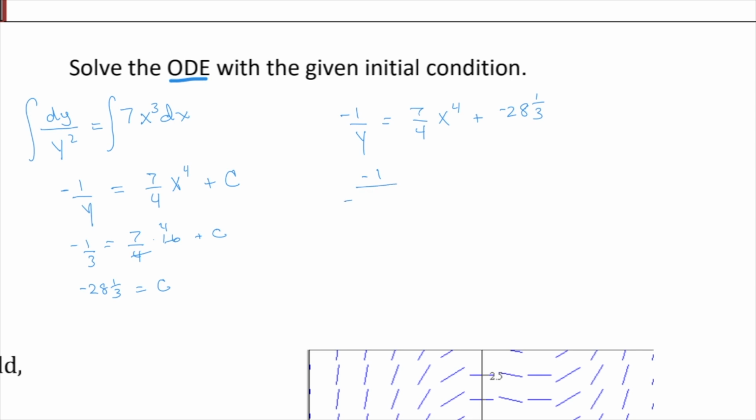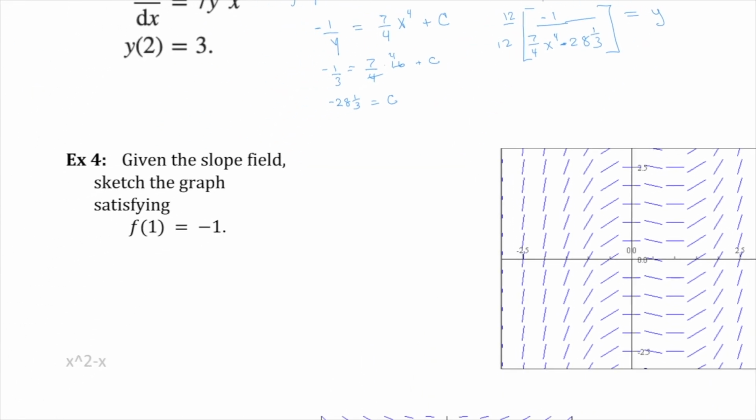Negative 1 over your 7/4 x to the 4th minus 28 and 1/3 is going to be equal to our y value. All right, and of course you could simplify by multiplying by 12 over 12 so that you have a little bit nicer expression for y.